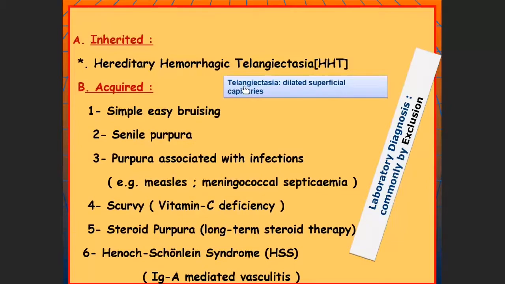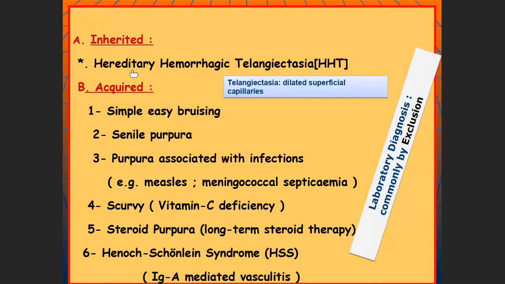So you expect spontaneous bleeding, and if you have continuous bleeding from small blood vessels, you expect iron deficiency anemia. Okay, so hereditary hemorrhagic telangiectasia is bleeding from dilated superficial capillaries involving the GIT, starting from the mouth and lips down to the anal canal.